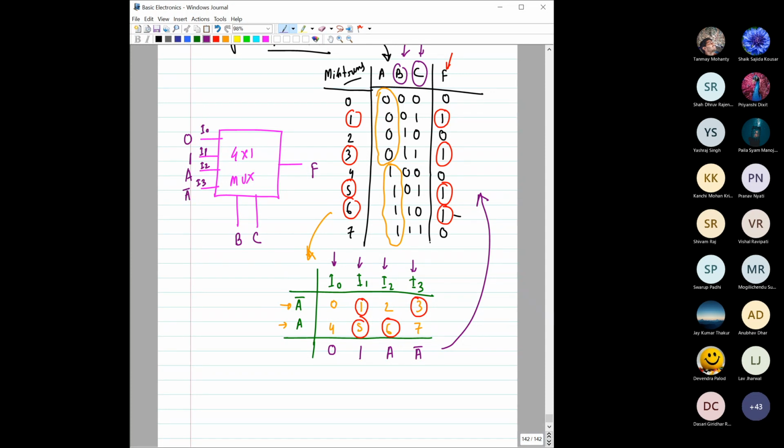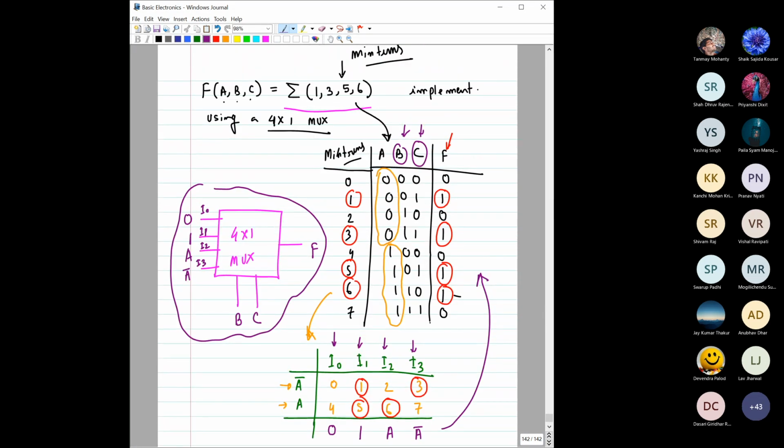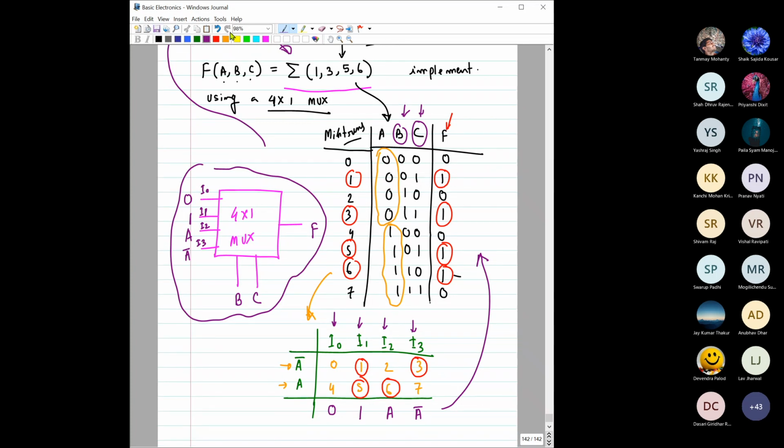So now this particular mux is implementing this function. Now, if you try to trace back why we have done that, and whether it is really happening or not, then maybe step by step we can check.